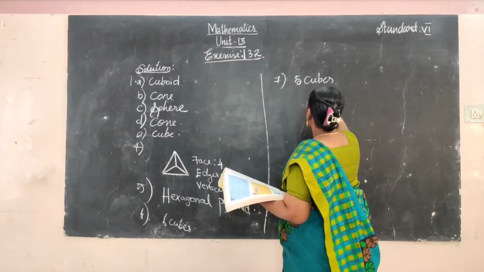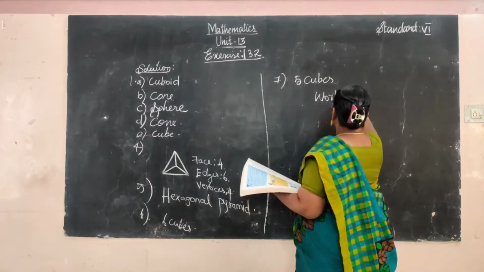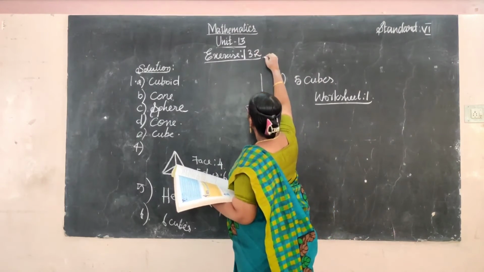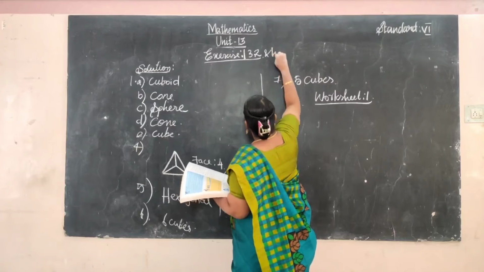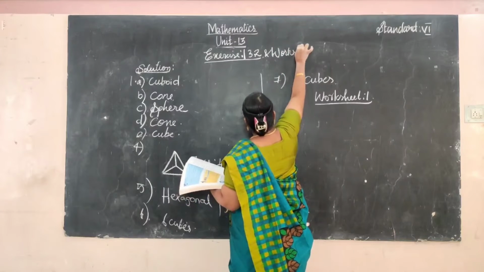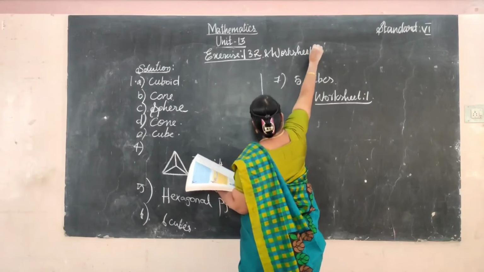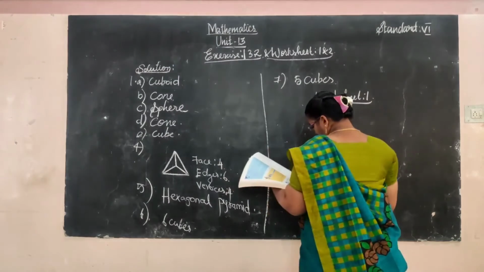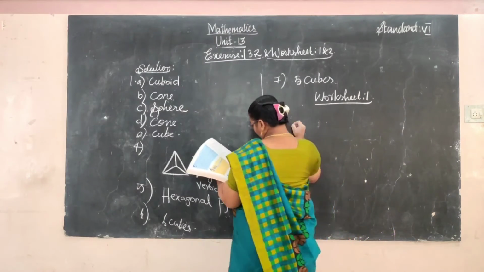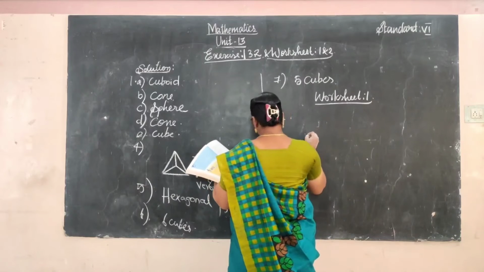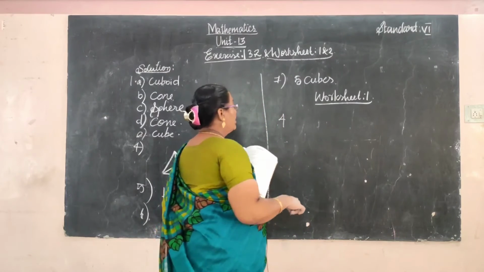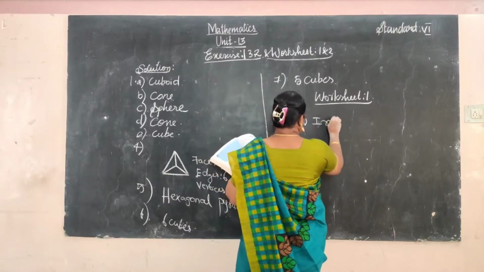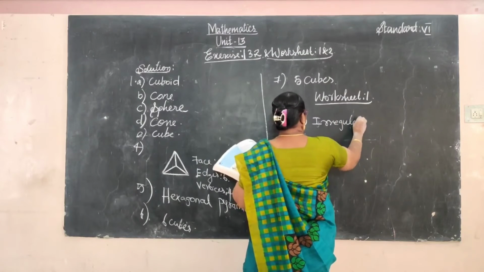Worksheet 1, 4th. The first one is irregular because different sides. So first one of the shape is irregular polygon.